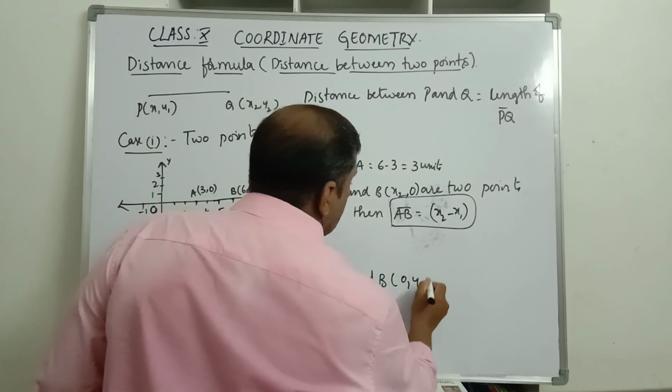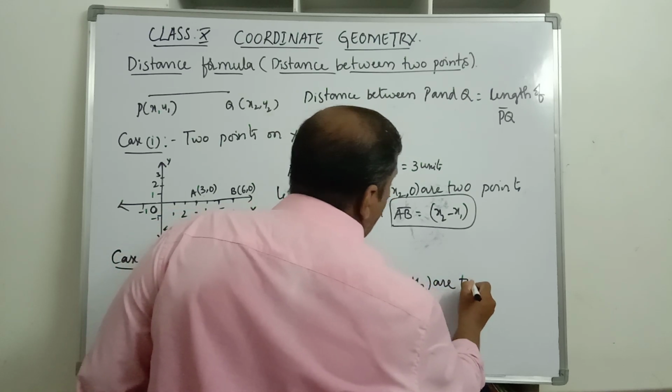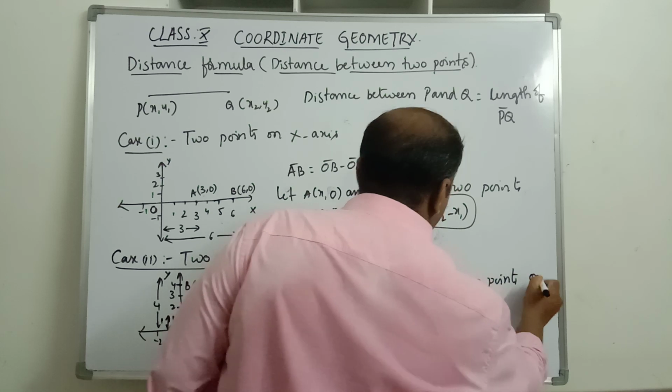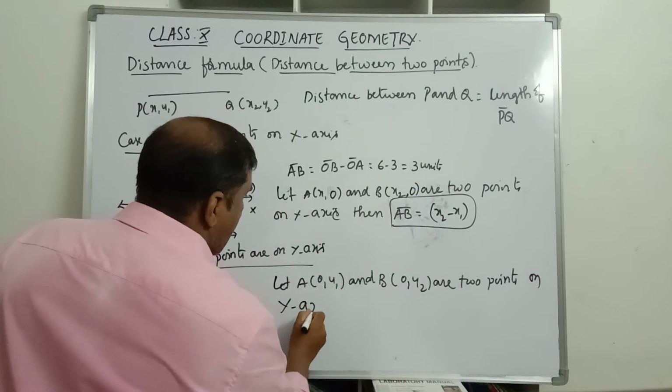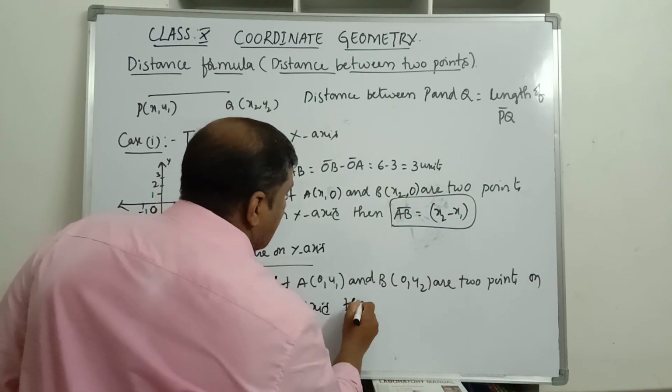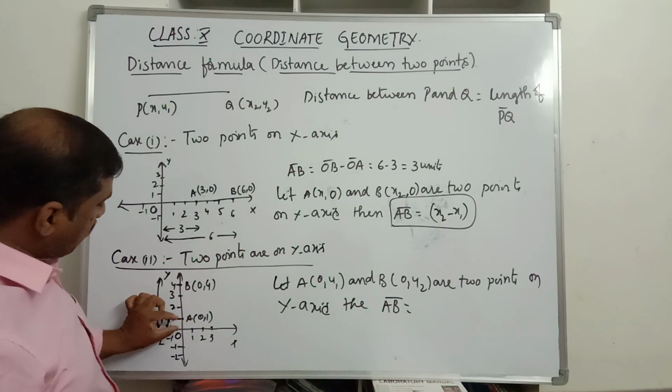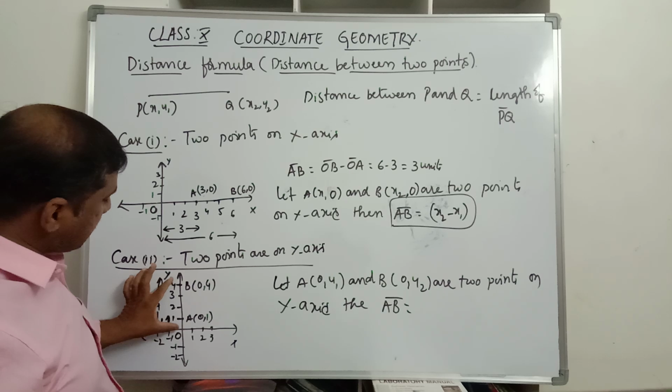Let A be (0, y1) and B be (0, y2), 2 points on the y-axis. Then the length of AB is given as the difference of those two lengths. This is OA, 1 unit, OB is 4 units.